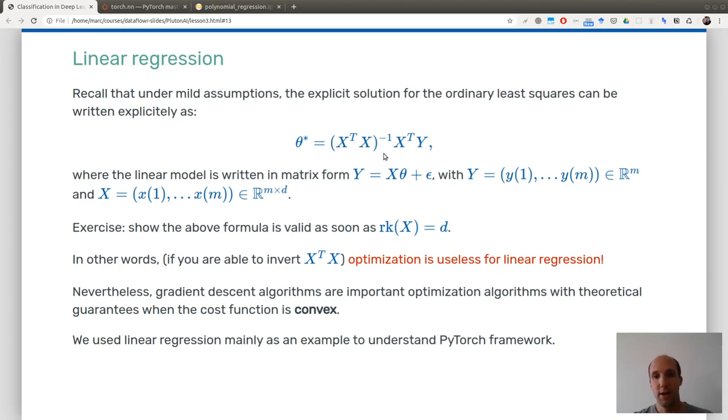Anyway, here we are in a very simple framework where you can show that the cost function is convex. So the optimization algorithm that I just described, gradient descent or stochastic gradient descent, will work perfectly fine. And indeed, we used linear regression in order to understand how PyTorch is doing automatic differentiation so far.